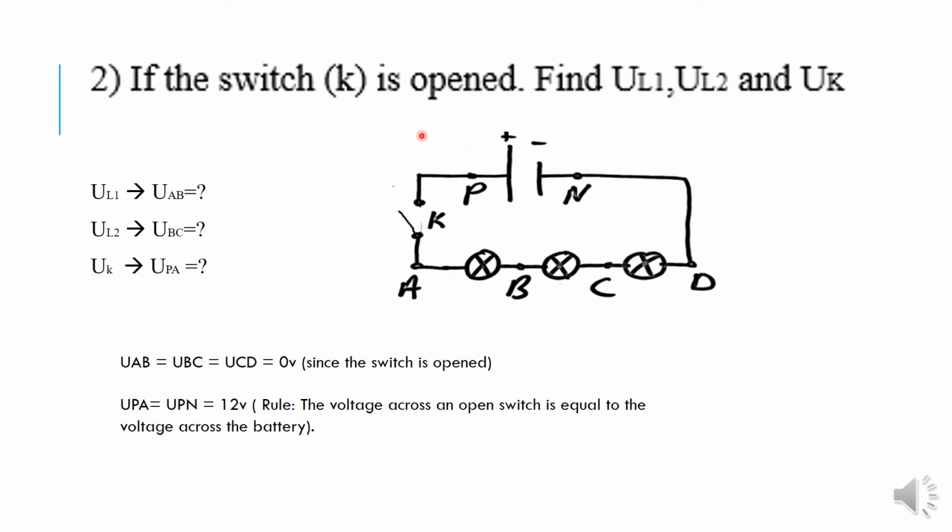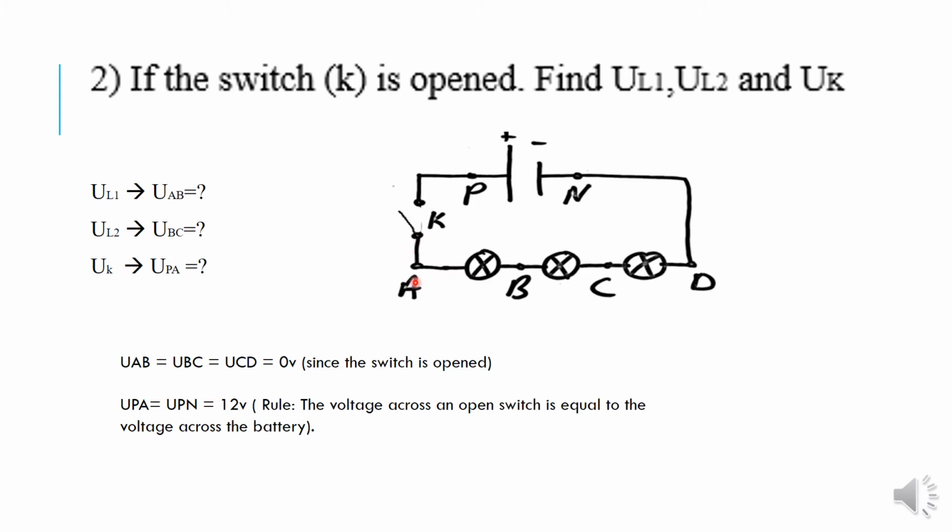But now I have to find the voltage across the switch, which is UPA. The switch is between these 2 points, P and A. So we can say UK, which means the voltage across the switch, or UPA, which also means the voltage across the switch.